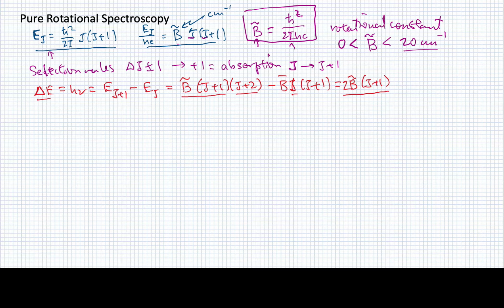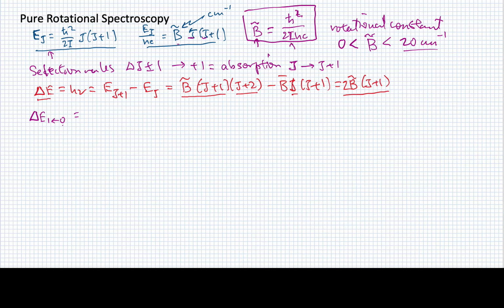So our final result here is that the change in energy when we make this transition is actually just proportional to J plus 1. Now, what this means, in effect, is that if we were to tally up several consecutive energy changes, and so let's do that. So I'm going to write this as follows. Delta E of the final state, so let's say the final state is 1 and the initial state is 0. This is the way we'll write that transition. We're going from the J equals 0 to the J equals 1 state.